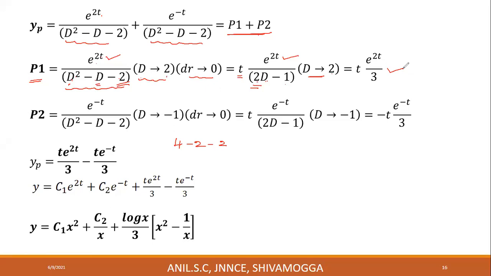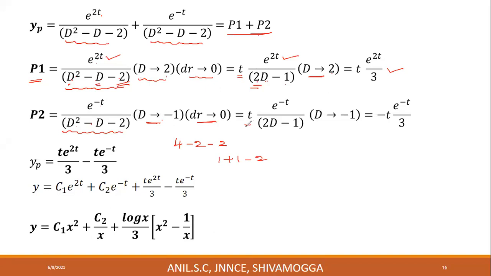Similarly, P2. P2 is equal to e power minus t divided by d square minus d minus 2. Type 1 integral. Therefore, we replace d by a. A is minus 1. Denominator will be minus 1 whole square is 1, minus into minus 1 is plus 1, minus 2. Denominator tends to 0.